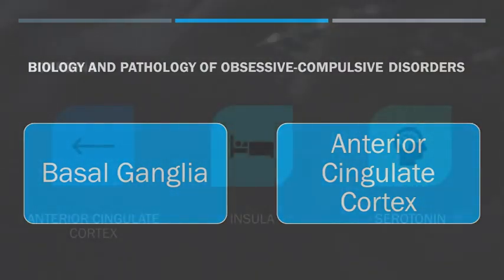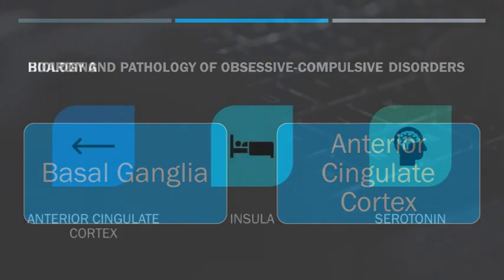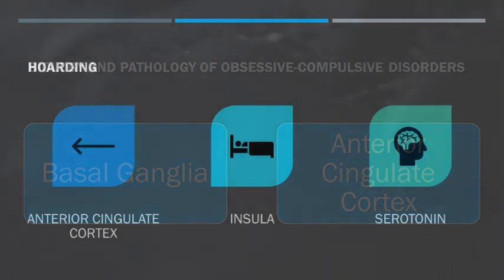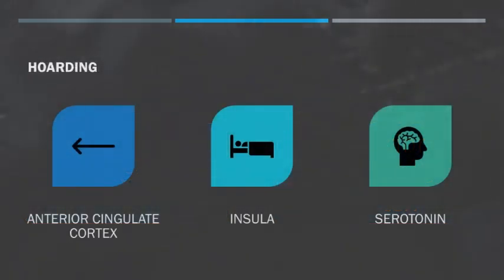And then we come to hoarding. Hoarding is characterized by the excessive accumulation of possessions and really an inability to discard items, even if they have little or no value. And individuals with hoarding disorder often experience significant distress and impairment in daily functioning due to the clutter and disorganization in their living spaces.